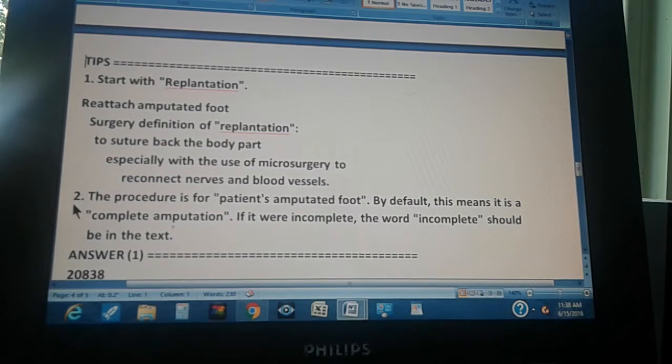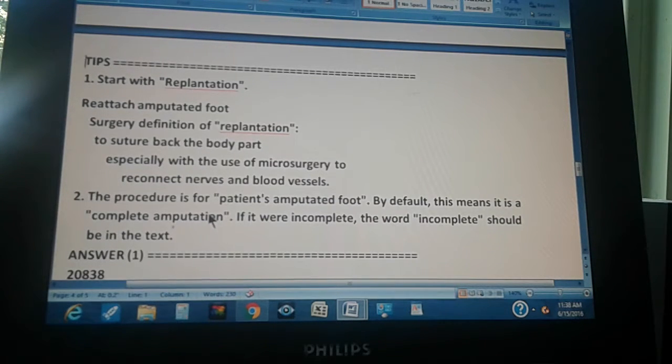Now the second tip is that the procedure is for the patient's amputated foot. By default, if nothing else is indicated there, this means that it's a complete amputation. Why? Because if it were incomplete, the description would tell us it's an incomplete amputation.